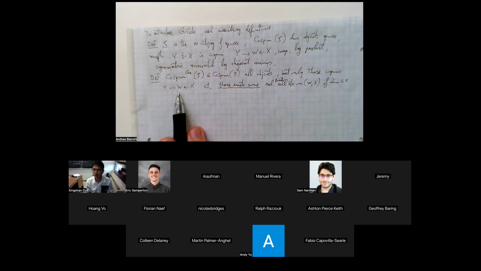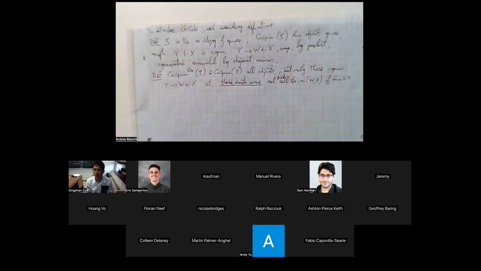Okay, so W is obtainable up to homotopy from X by attaching finitely many 0 and 1 cells.